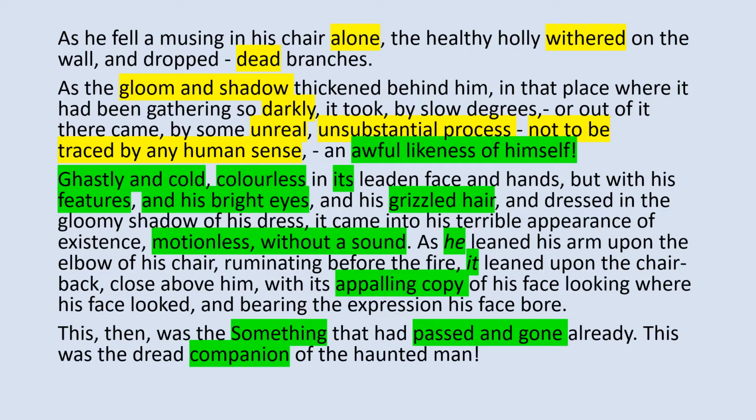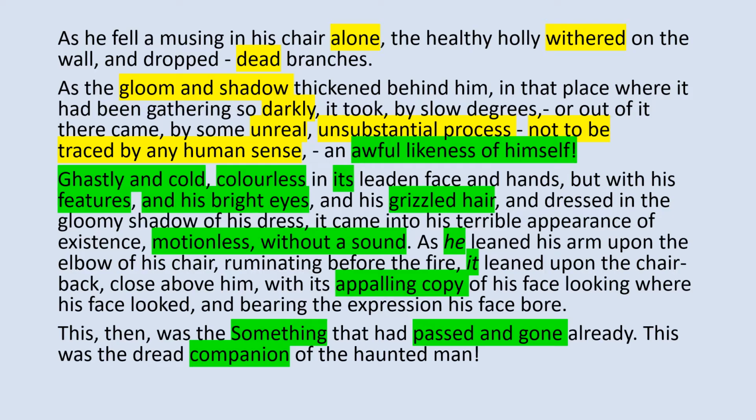The description of the doppelganger, again, ghastly, cold, grey, sense of death, but it had bright eyes. Again, eyes are a motif in Gothic. Why? Are they reminding us of something that we'd rather not see? And its movement seems uncanny, motionless without sound.